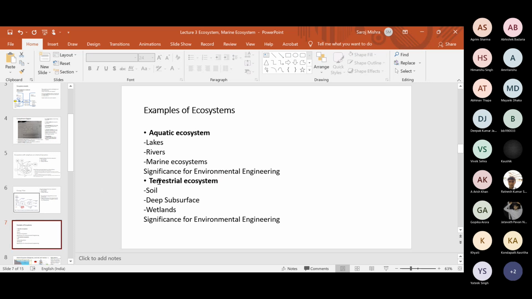So there are just some examples I have listed here. When you talk about water bodies, there are ecosystems in the water bodies. It could be in a lake, in a river, or in a marine ecosystem. And even within the marine ecosystem, first of all, how is it really different?